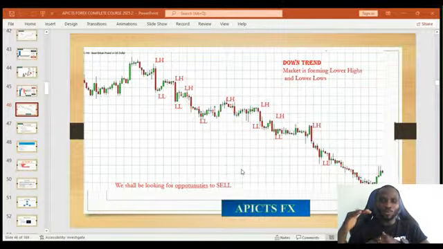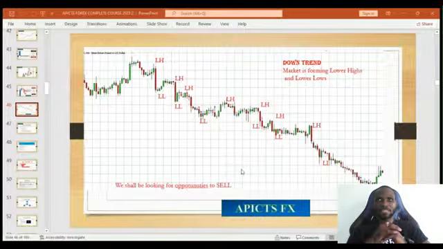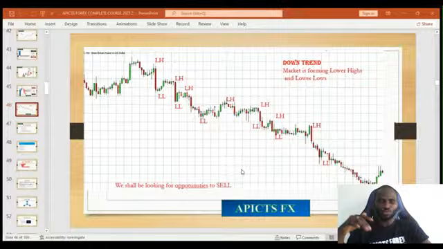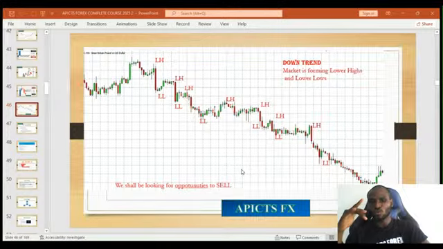So when the market is moving between two fixed prices, let's say between 1.4010 and 1.3920, it goes up, touches 1.4010, comes back down, touches 1.3920, goes back up. You get what I'm trying to say?